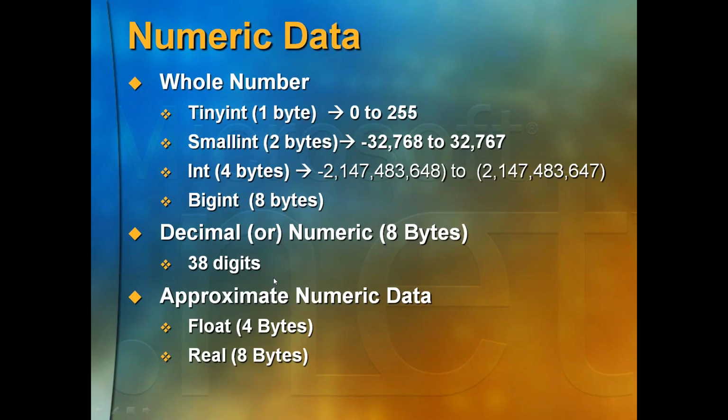Because according to the IT industry, you can have a number in the character data as well. What do I mean by that? For example, employee number, phone number. Even though these are numbers, the IT industry does not treat them as numbers. Why? You don't perform any arithmetical operations on your phone number. So treat that as character data only.